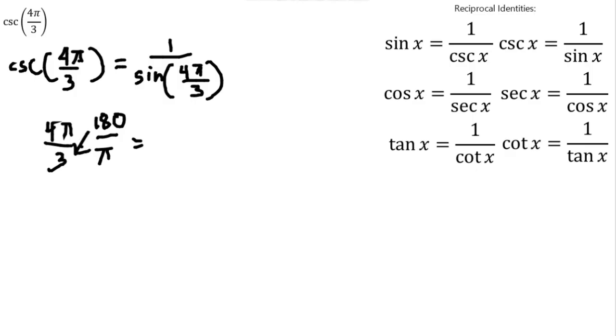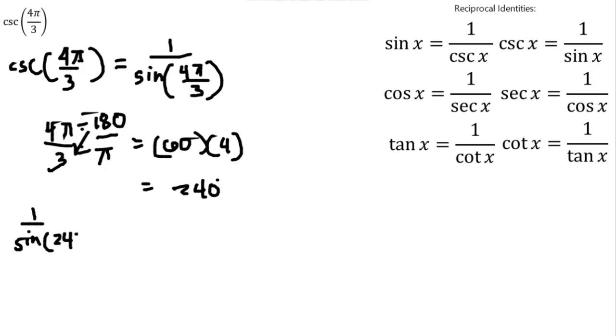So we're going to write this as 1 over sine. First we convert 4 pi over 3 into degrees. So we divide first and simplify this. 180 divided by 3 is 60, then multiplied by 4, so that is 240 degrees. So this is equal to 1 over sine of 240 degrees.